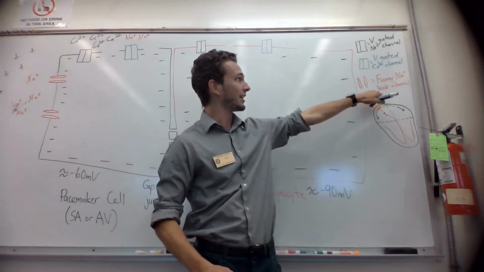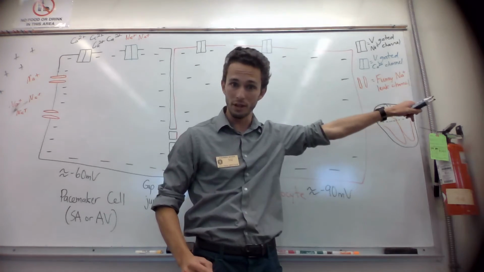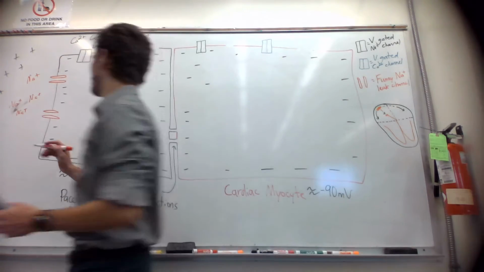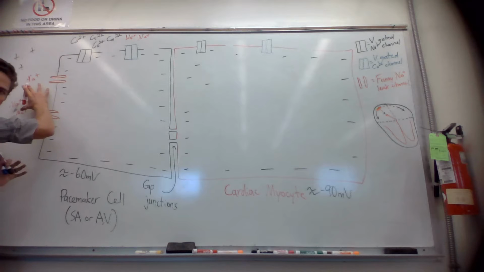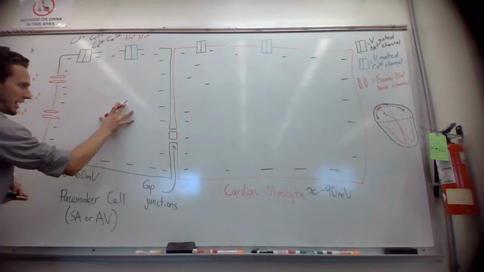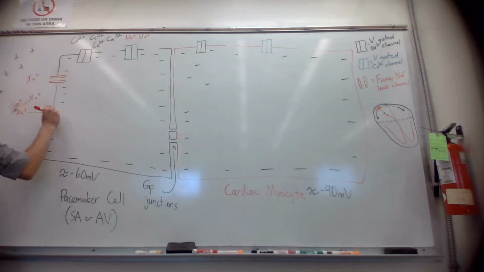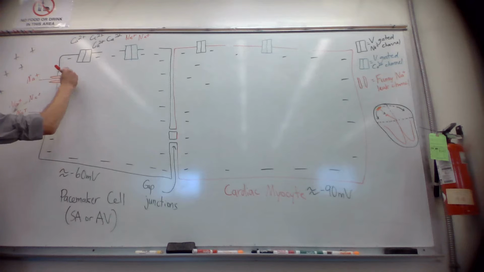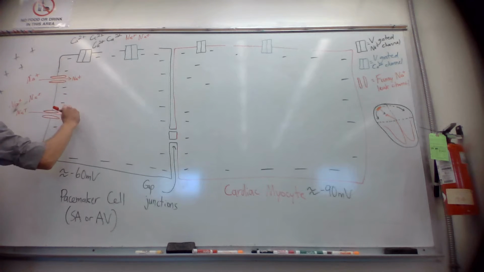These are leak channels for sodium. So if there's a high concentration of sodium outside the cell, low concentration inside, it's going to flow down its concentration gradient into the cell through these funny channels. So that's step 1: sodium flows in through the funny channels.